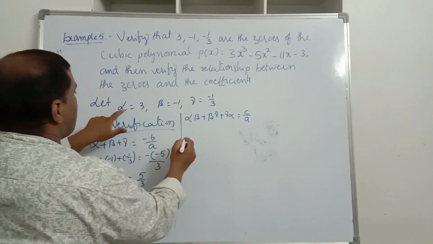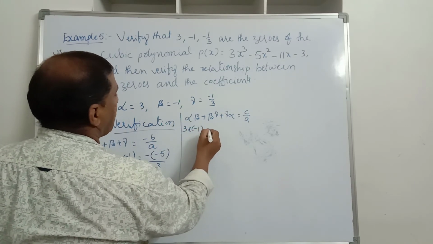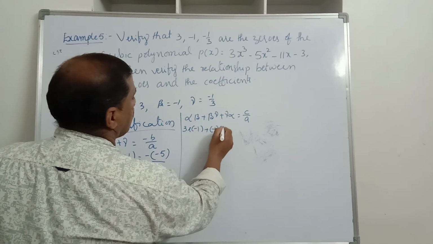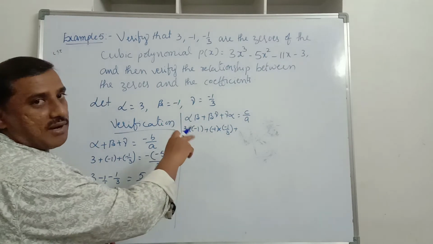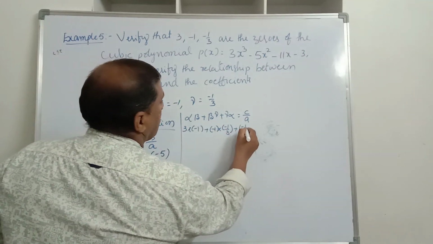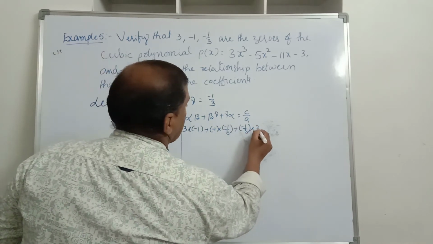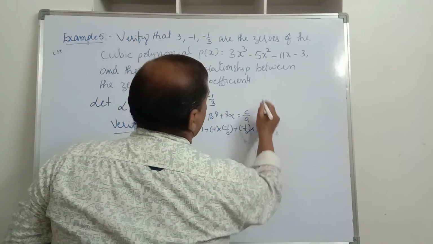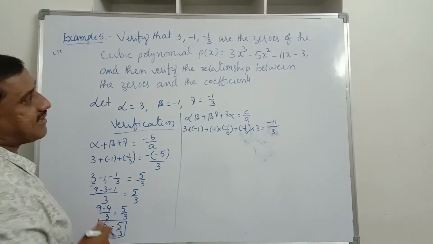Alpha into beta means 3 into minus 1, plus beta into gamma, minus 1 into minus 1 by 3, plus gamma into alpha, minus 1 by 3 into 3, is equal to c by a. C is equal to minus 11, a is the x cube coefficient, it is 3, so minus 11 by 3.